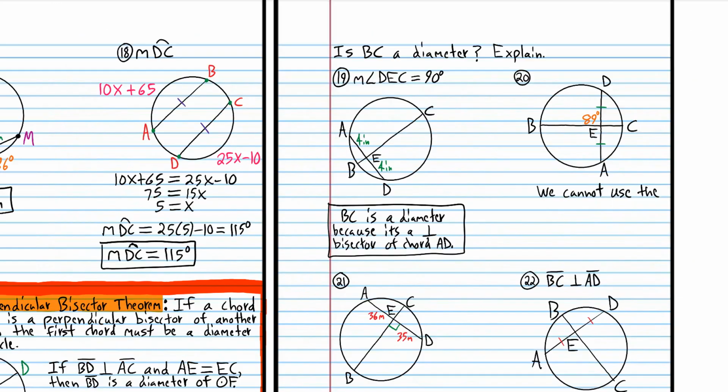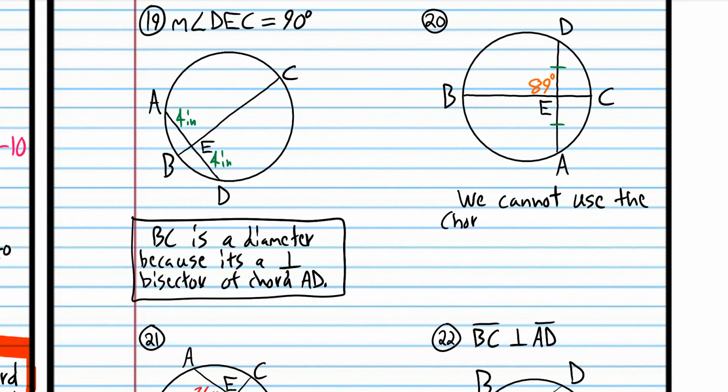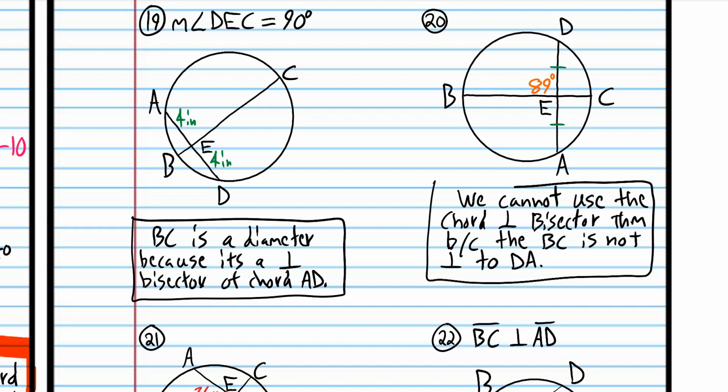The Chord Perpendicular Bisector Theorem, because, and we can write just B/C, because BC is not perpendicular to DA. All right, so that is the answer to that one.